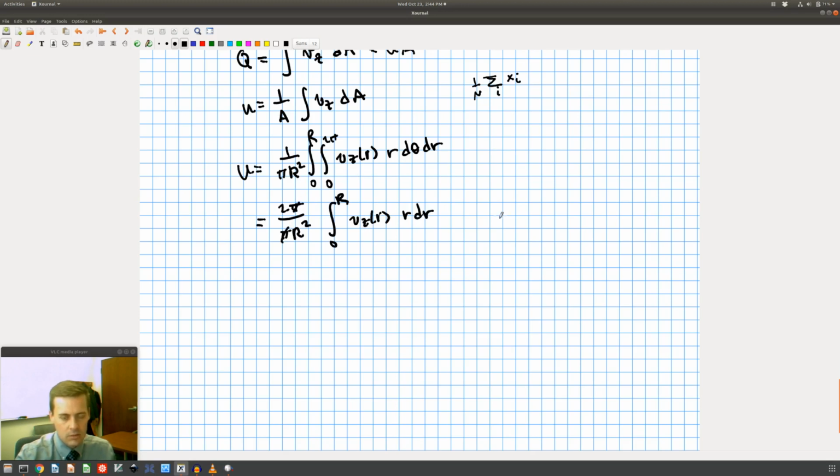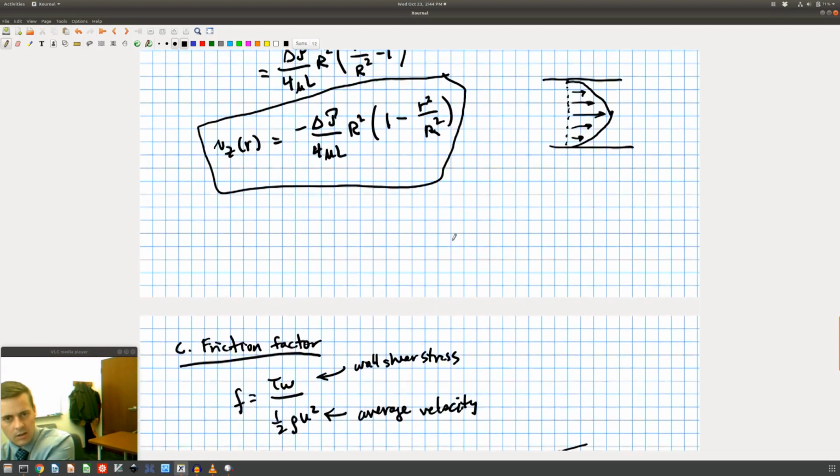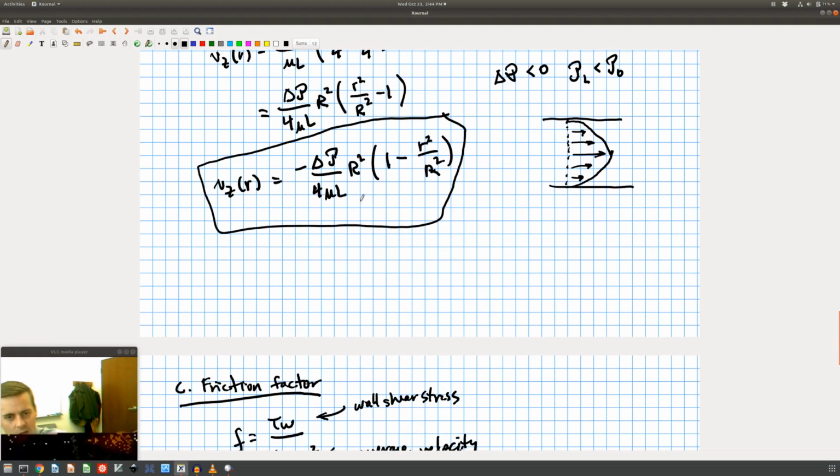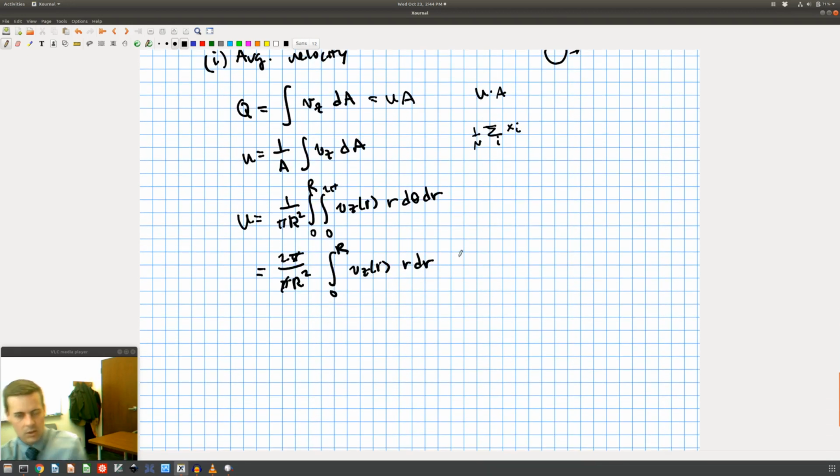Pi's are going to cancel. And Vz was, I just wrote it up here, right there. It's that guy. I'm going to call all of this a constant for a second to make my life a little easier while I do the integral. So I'm going to call this 2 divided by R squared.